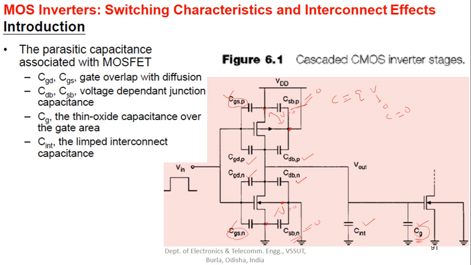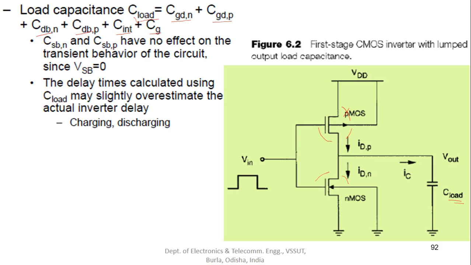So we can draw an equivalent circuit like this, where we have this PMOSFET and this NMOS, and just one single capacitance connected at the output terminal, called C load, or the load capacitance.